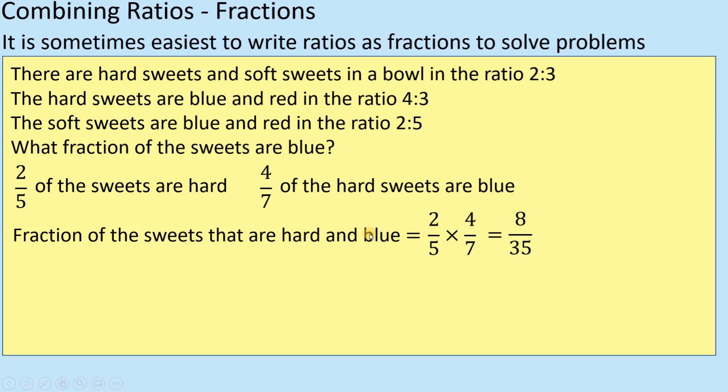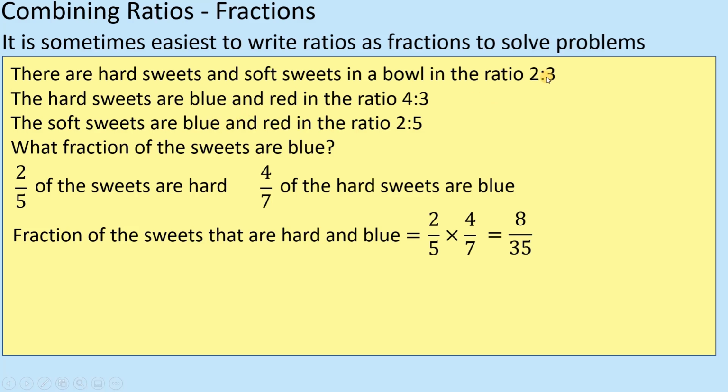But remember the question asked for all the blues, so we now have to consider the soft sweets. In the same idea, 3/5 are soft, and 5/7 of them are red, but 2/7 of them are blue. It's the blue we're focusing on, isn't it?